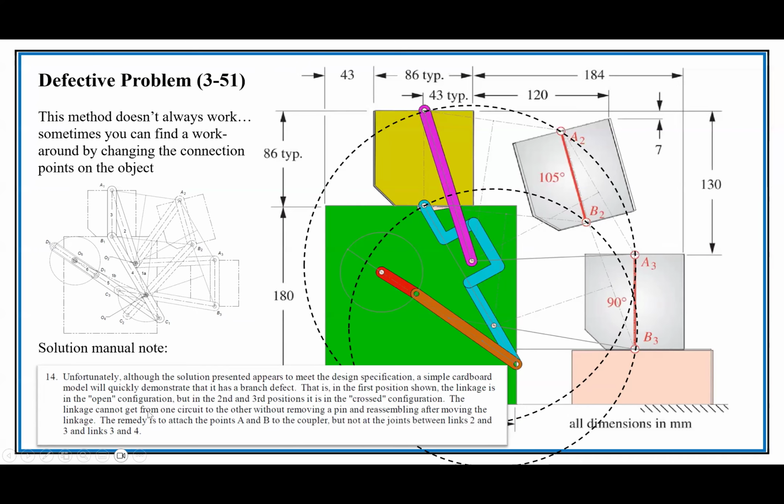The linkage cannot get from one circuit to the other without removing a pin and reassembling it. The remedy is to attach points A and B to the coupler and not to the joints between links 3 and 4." I have no idea what that last sentence means, by the way. But anyway, it was right there.